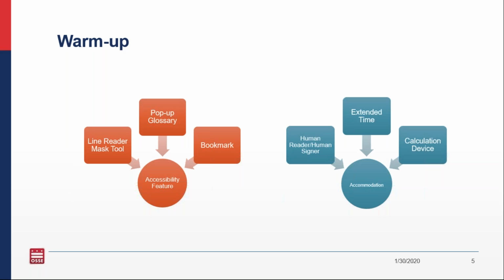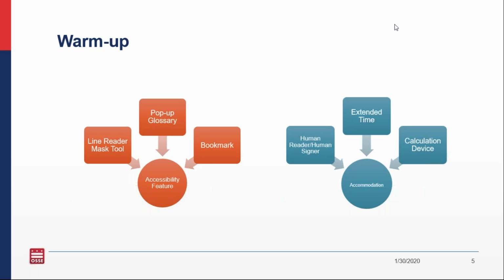All right, so hopefully you were able to successfully sort them. On screen now, you will see that I've divided them into 2 groups. Your accessibility features consist of line reader, math tool, pop-up glossary, and the bookmark. And your accommodations are your human reader, human signer, extended time, as well as your calculation device.